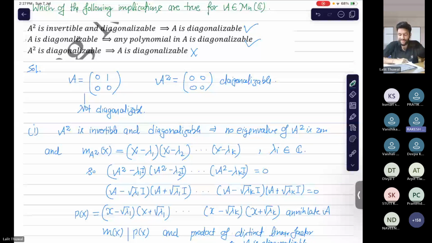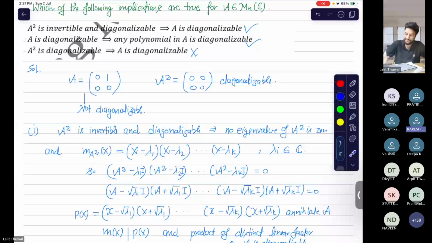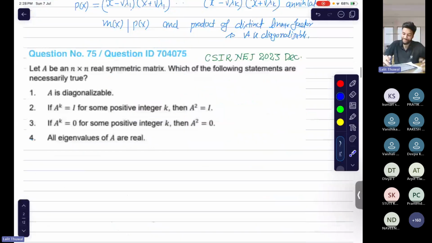If we take the matrix [0, -1; 1, 0], its square is [-1, 0; 0, -1], which is diagonalizable and invertible also, but A is not diagonalizable, considering the field is R. Okay, I did not mention the field; the field will be considered as C.